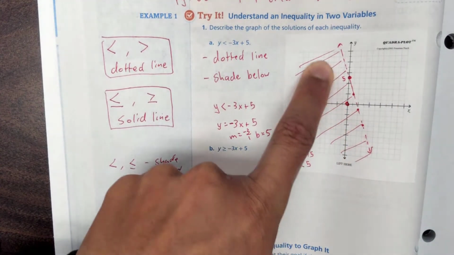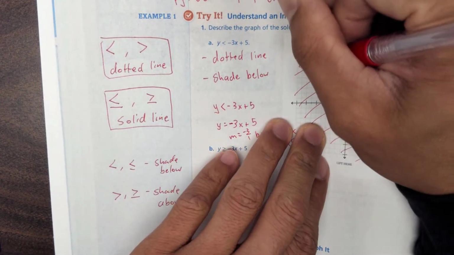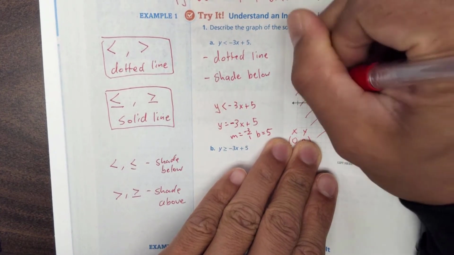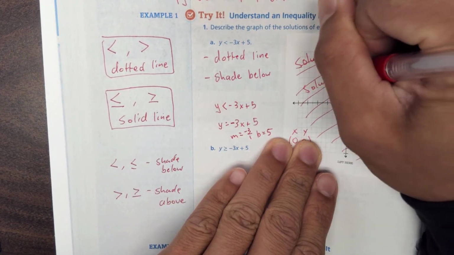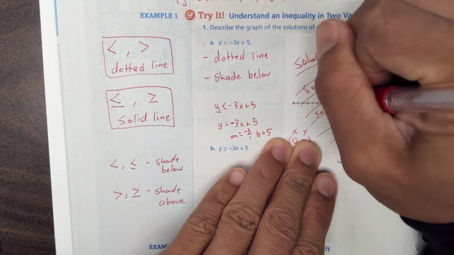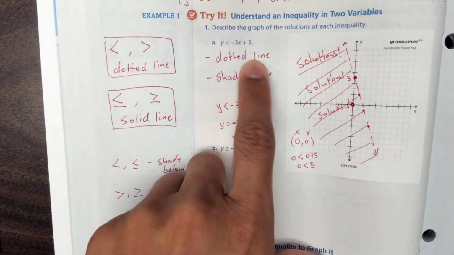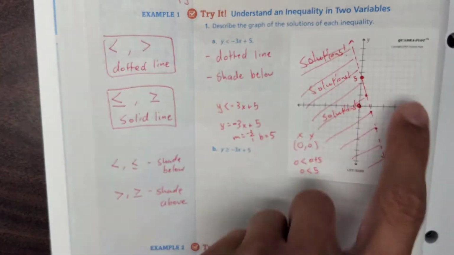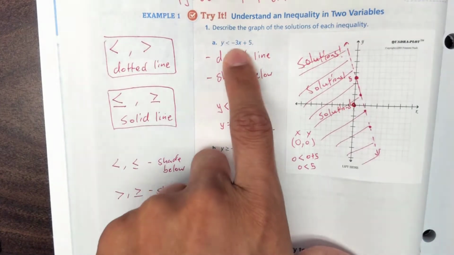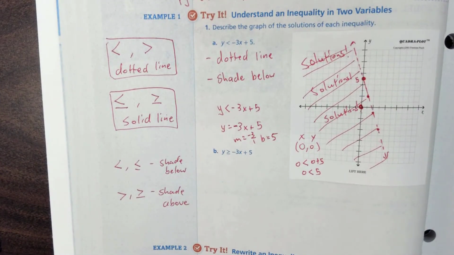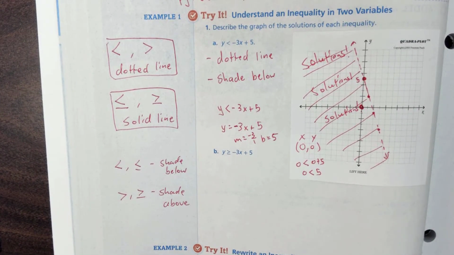So that's why the shaded area is where you'll find the solutions to this inequality. The non-shaded area will not be the solutions. You can pause and test it.